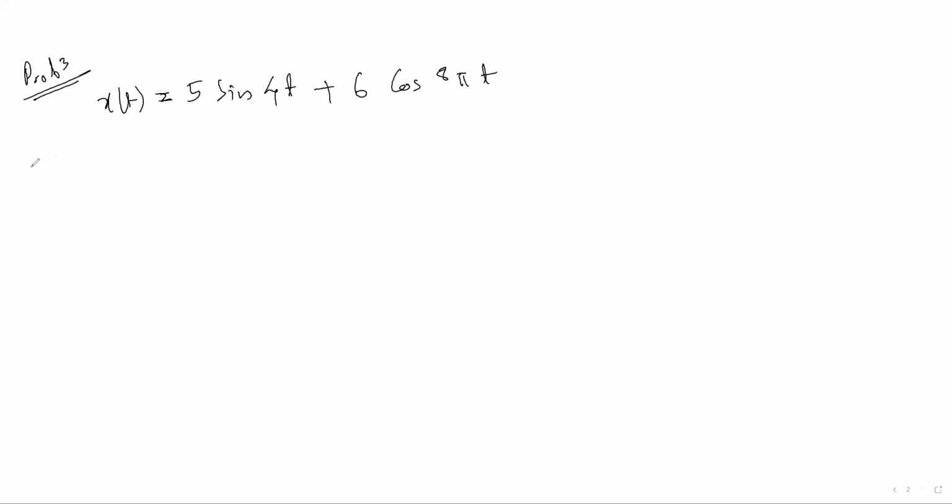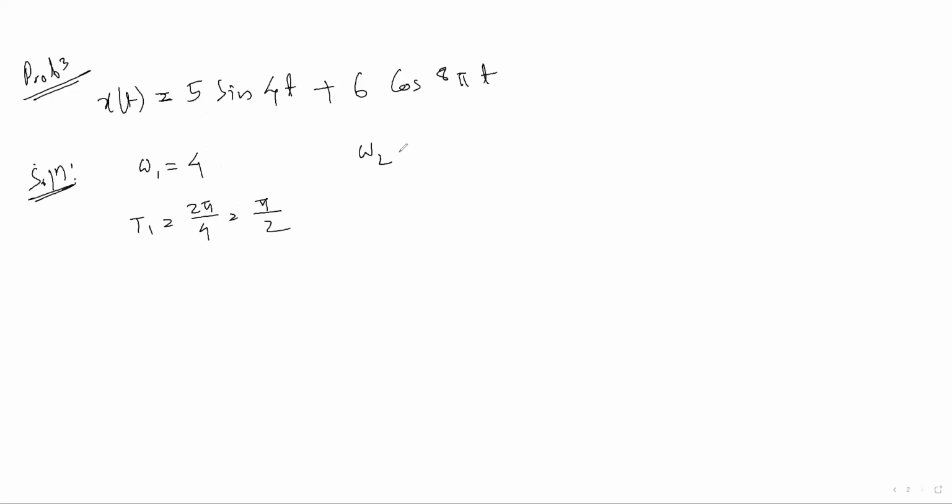So how will we solve? Can you do this? Here omega 1 is given as 4. What is T1 then? 2 pi by omega 1 means 2 pi by 4, which is pi by 2.